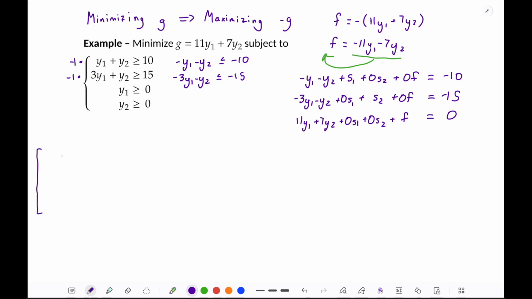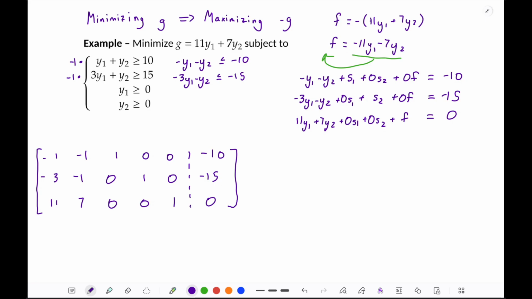So our initial tableau is negative 1, negative 1, 1, 0, 0, negative 10, negative 3, negative 1, 0, 1, 0, negative 15, 11, 7, 0, 0, 1, 0.